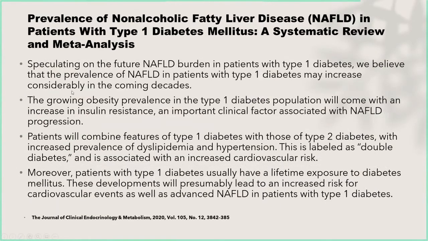So one of the cautions that we have is the growing obesity prevalence in type 1 diabetes, which is something we have to keep in mind. And then there are a number of patients who we call double diabetes. That is, people who have a type 2 diabetes genotype who also develop type 1 diabetes at a younger age. And over time, they develop features of both type 1 and type 2 diabetes.